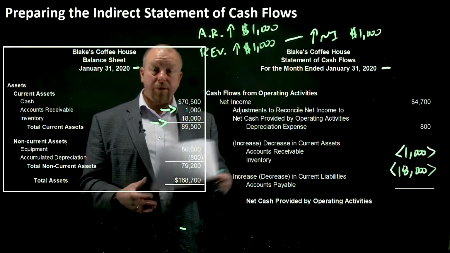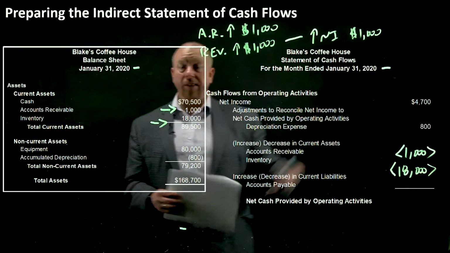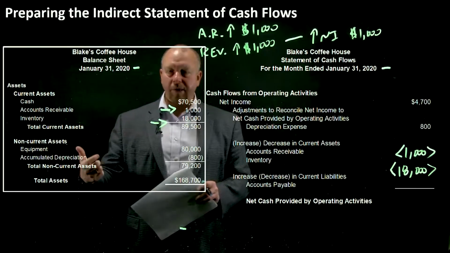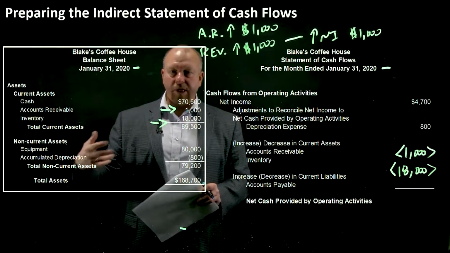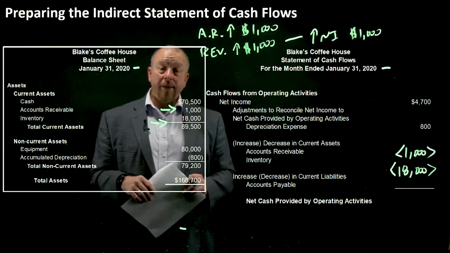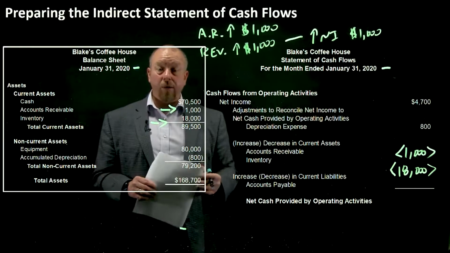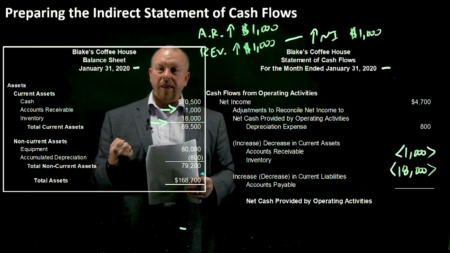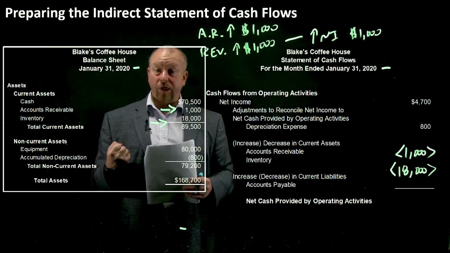So in that second period, your net income under the accrual basis would be 0, if you didn't generate any more revenues and had no other expenses. Yes, I know that's a fairy tale land where unicorns are flying around. But if that were the case, then your net income would be 0. But if your accounts receivable decreased, it must mean that you collected that receivable and converted it to cash.